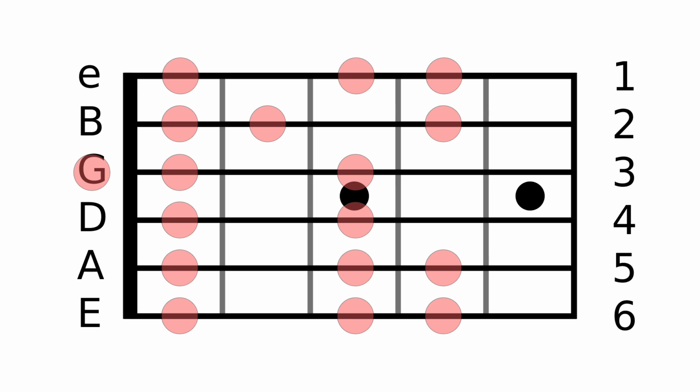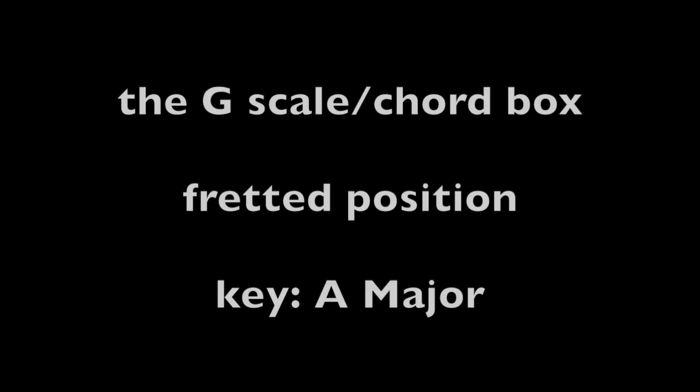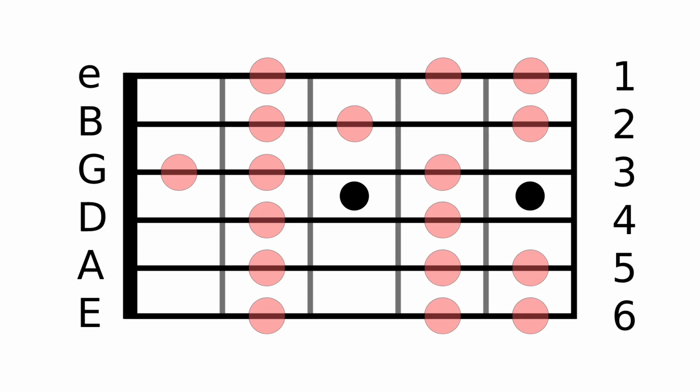But for right now, we have an open string. In the fretted position, the G scale shape.